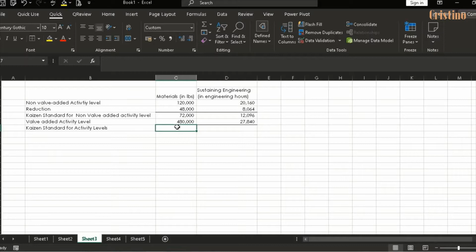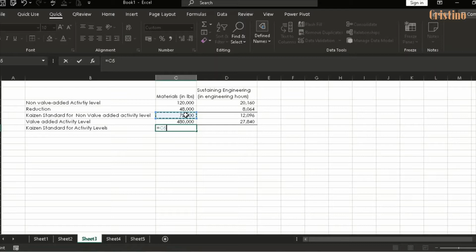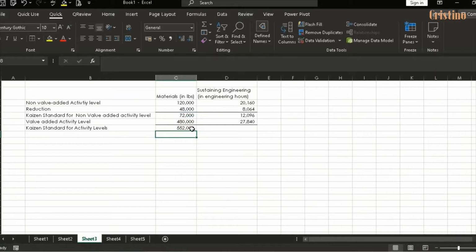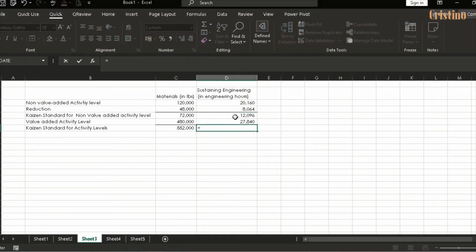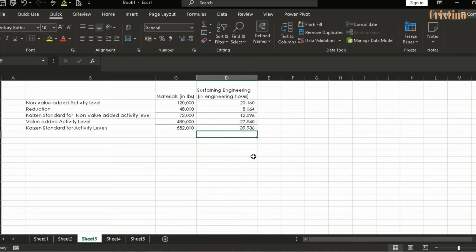To get the Kaizen standard, we're going to add the Kaizen standard for the non-value added activity and the value added activity. So for materials it is 72,000 plus 480,000, and for sustaining engineering it is 12,096 plus the value added activity level 27,840, giving us a Kaizen standard of 39,936.